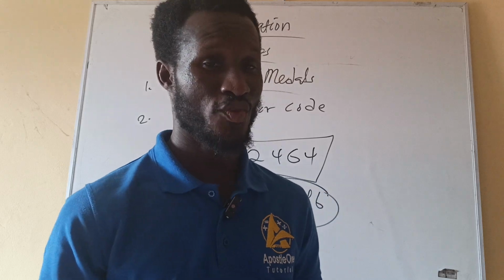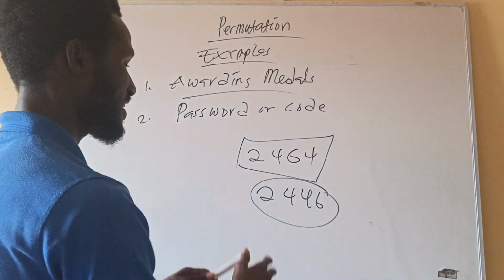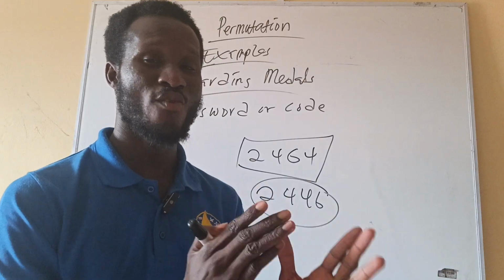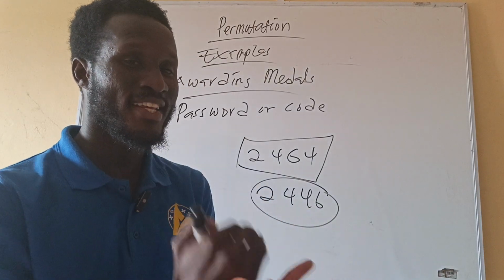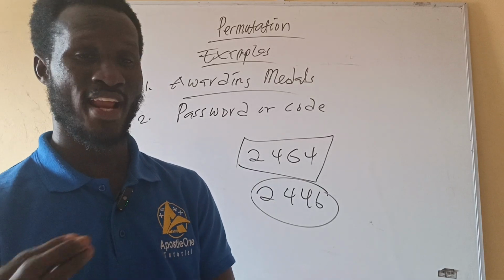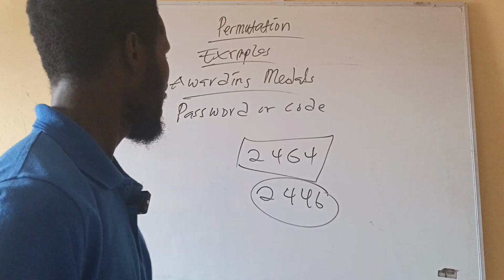Your password is supposed to maintain that order, and that is how the combination, the order, is very important. We apply this when we are creating our passwords on our phone and other things.